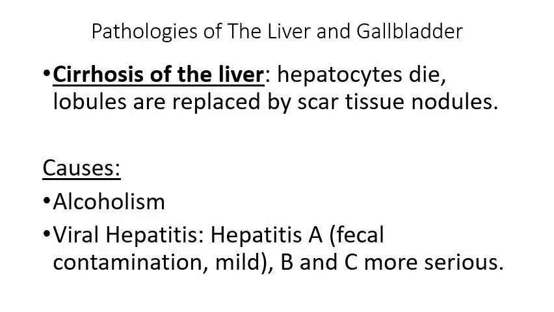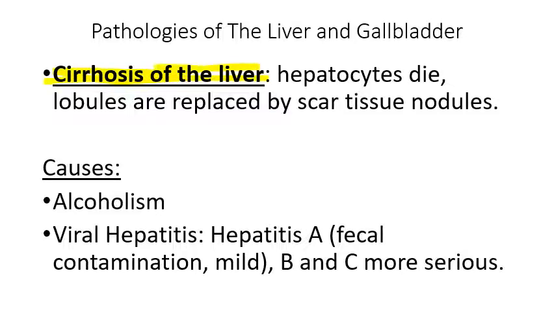All right, now the liver can sometimes break down, and if the hepatocytes that form the liver die, and the lobules that the hepatocytes were forming die, and then they get replaced with scar tissue, we call that cirrhosis of the liver. Right?